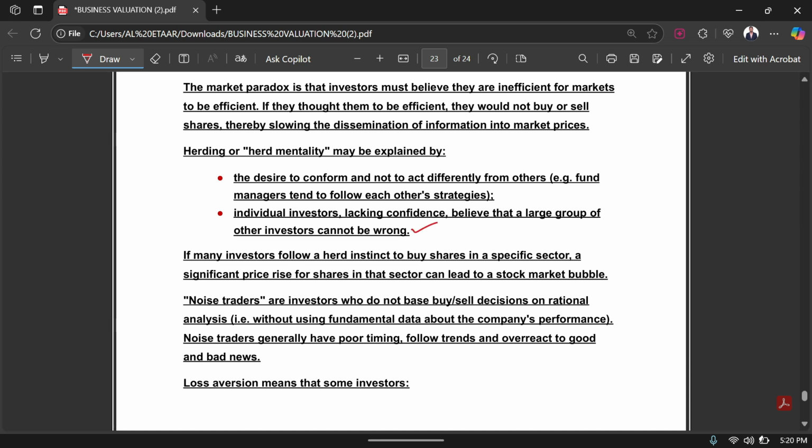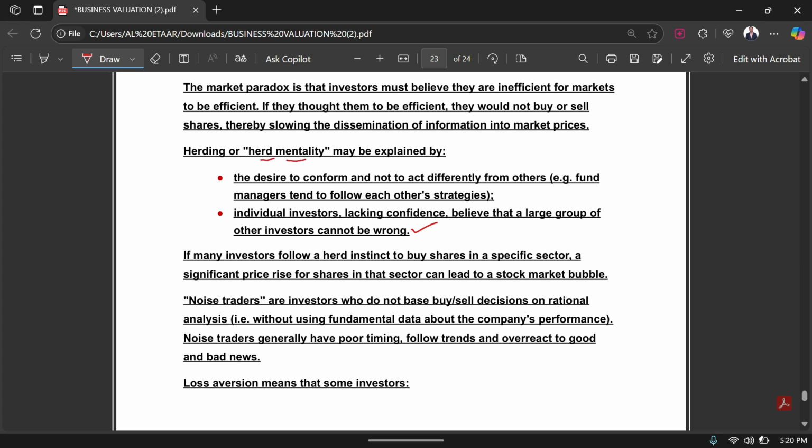So any individual investor who does not have understanding of the market, who lacks confidence, just blindly believes a large group of other investors who he thinks are very well aware, and their estimates or predictions of the market are absolutely correct, and they just follow them. So this is what the herd mentality is.